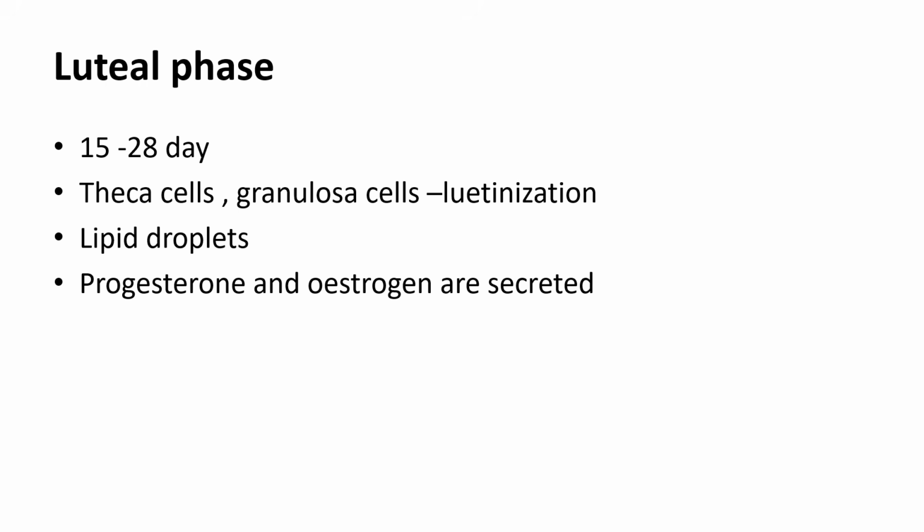Next, after the ovulation, from 15th to 28th day, we call that the luteal phase. Here, the theca cells and the granulosa cells undergo luteinization, and now they are more sensitive to luteinizing hormone, and accumulation of lipid droplets in those cells occurs. Now these lutein cells will secrete progesterone and estrogen.